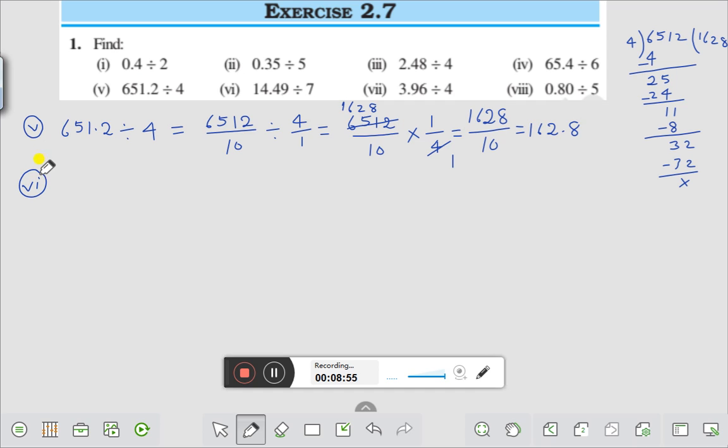Now question number 6 is 14.49 divided by 7.